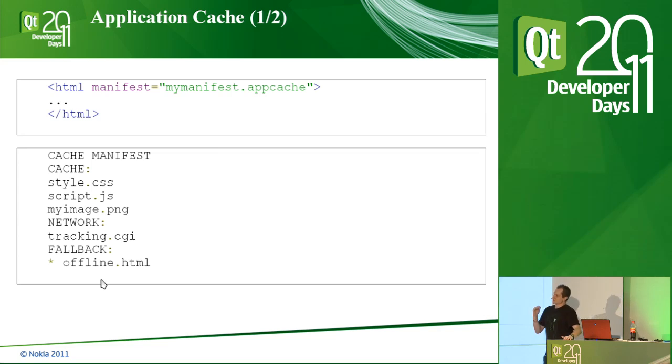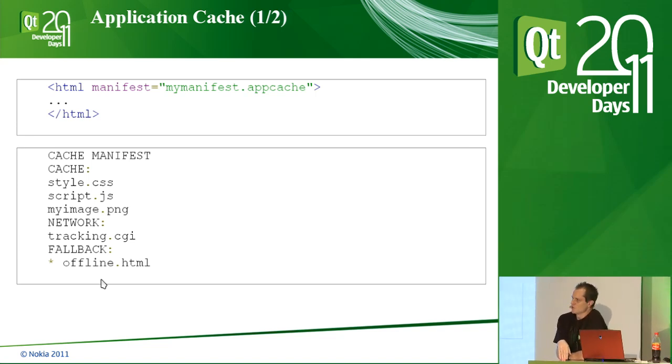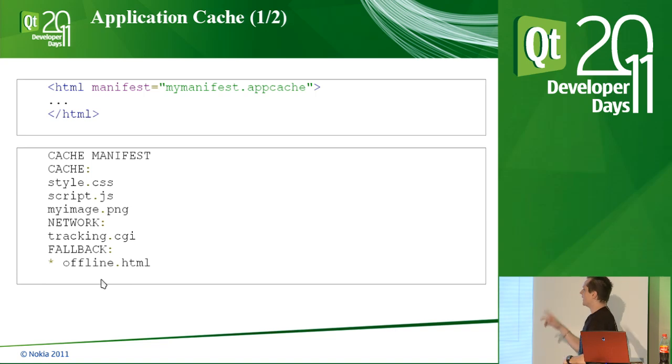Then there's another part of this manifest, which is network. You can specify which files of your application or website need network access. So that if the user goes to it, you can finally have good handling of, I don't have an internet connection. Then you get this fallback part where you say, if any network file is being accessed, then I will fall back to another one.